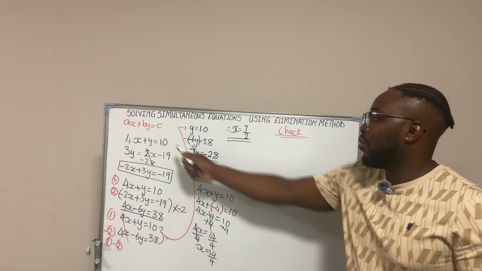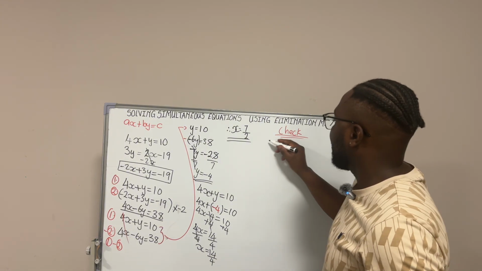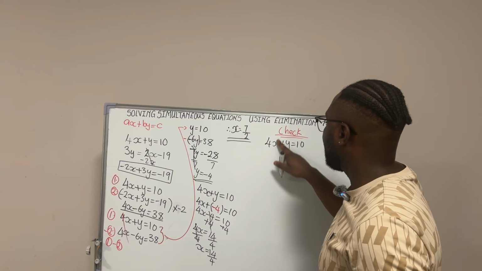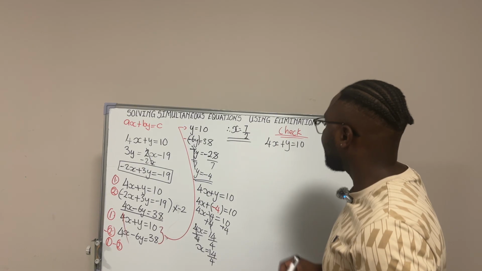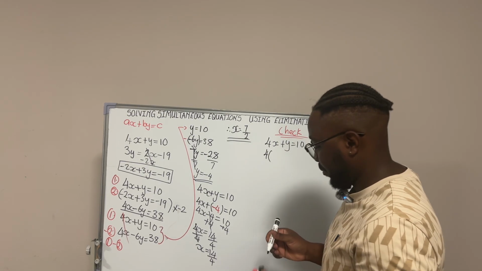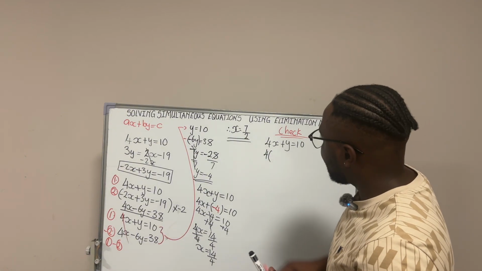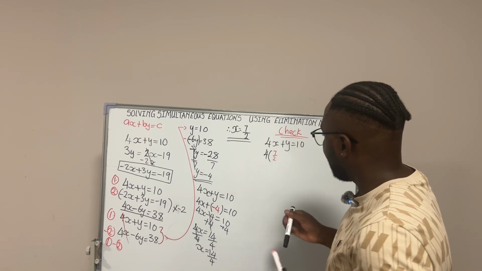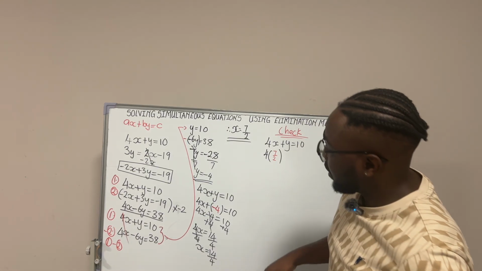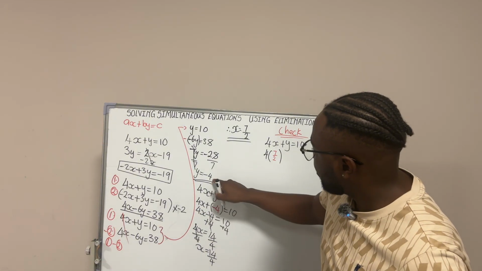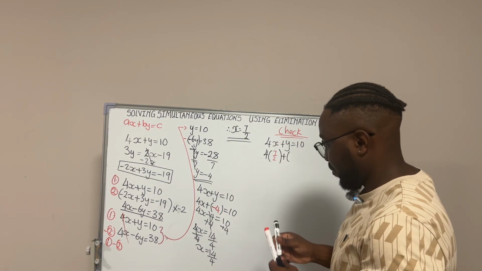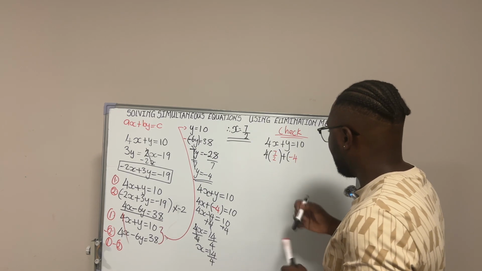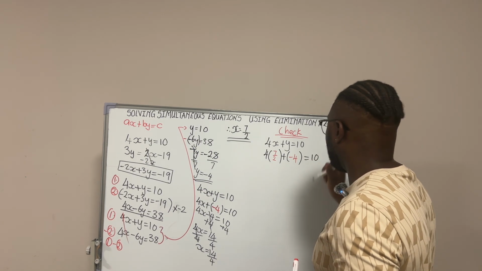So let's go with this equation here, 4x plus y equal to 10. So we're substituting now. What's our x value? 7 over 2. And what's our y value? Negative 4. Equal to 10.